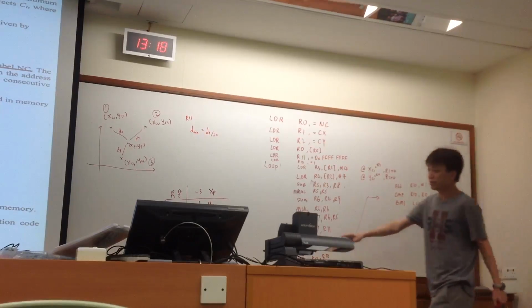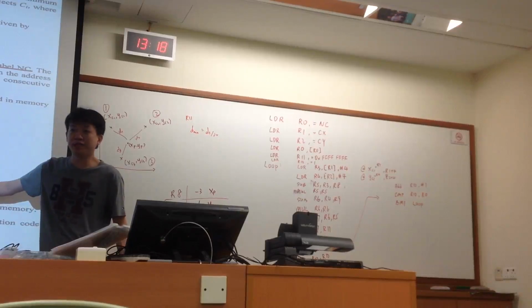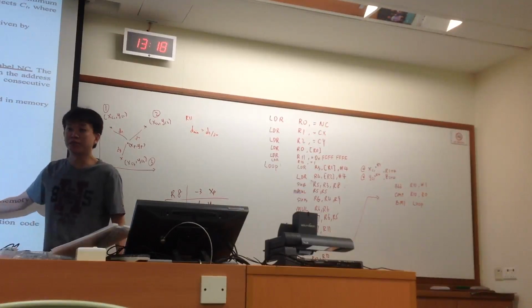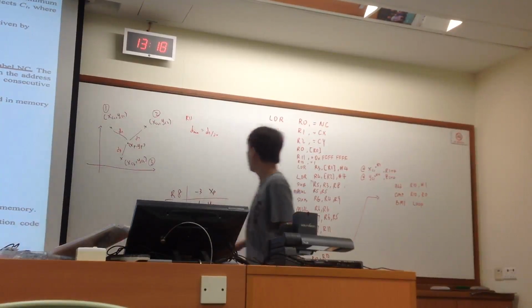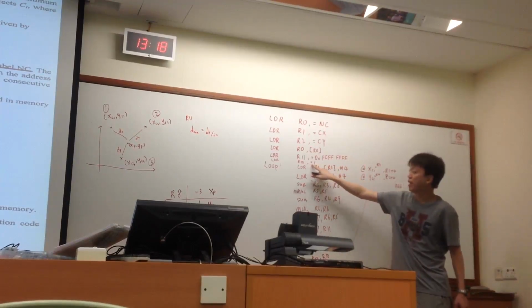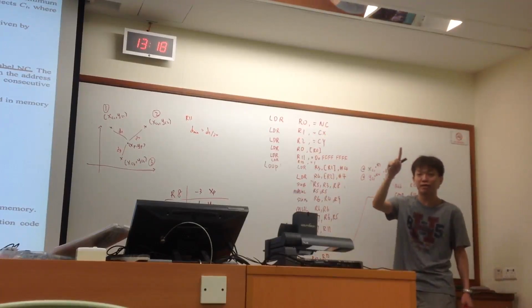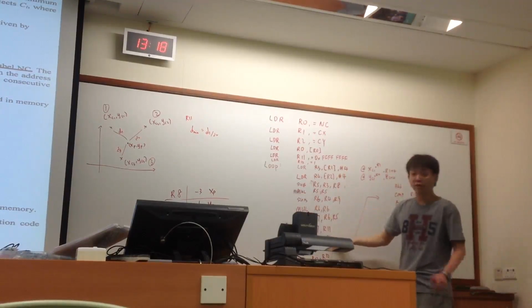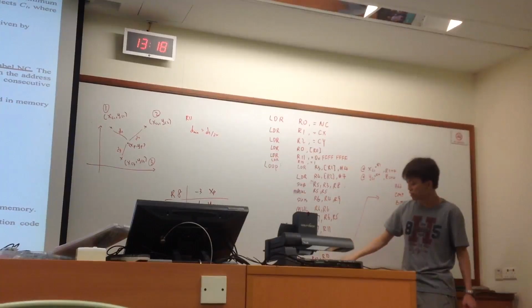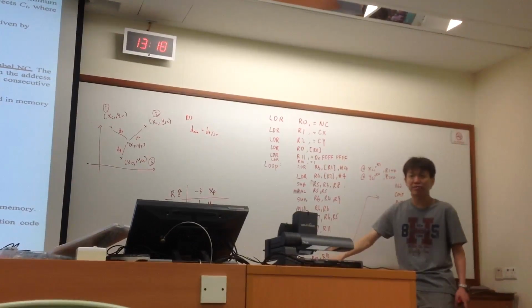Why? Because the nearest should be the object number. So how do I modify? Now I store R10 with 1. That means the first iteration you calculate for object 1, right? So if it is true, of course it definitely is true, you will store R10, the result, to R12. R12 is the final result.